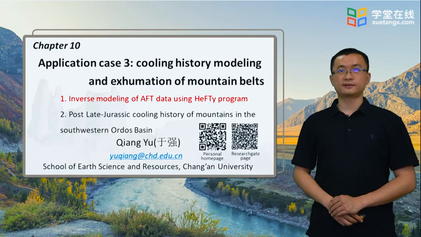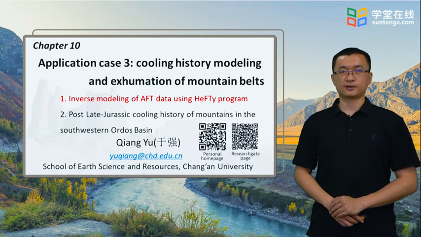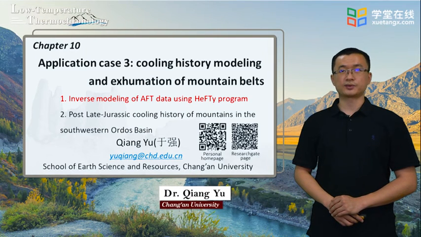In Chapter 10, an application case on cooling history modeling and exhumation of mountain belts will be shared as two sections: inverse modeling of apatite fission track data using the HeFTy program, and post-late Jurassic cooling history of mountains in the southwestern Ordos Basin.